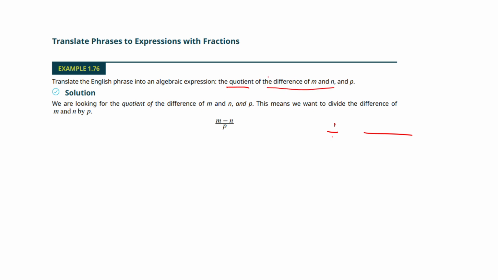So that's telling me this is one thing. The comma is helping me as well. This is the first thing, the difference of m and n, and p. So this is complicated, but I'm taking the quotient first of the difference of m and n, and the other thing that I'm dividing is p.